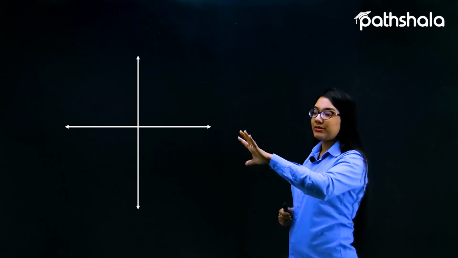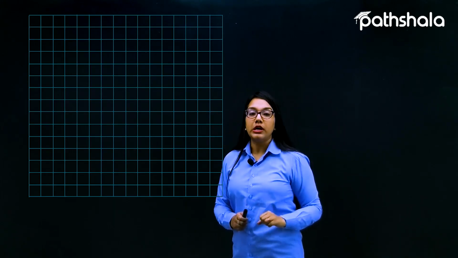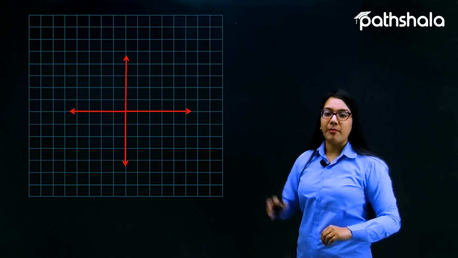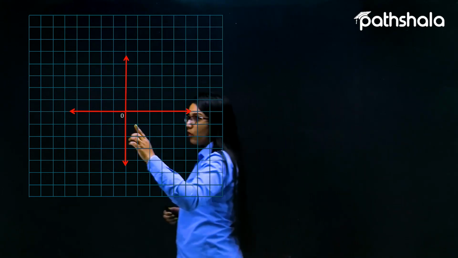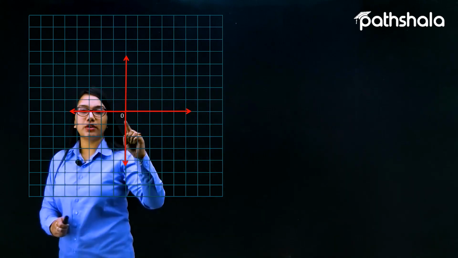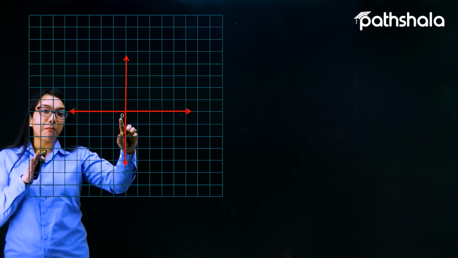So let us suppose I'm taking these two perpendicular lines on a graph. Let's take the numbers on these two lines. We know that their point of intersection is called the origin, and this point is 0. Now let's mark the numbers.